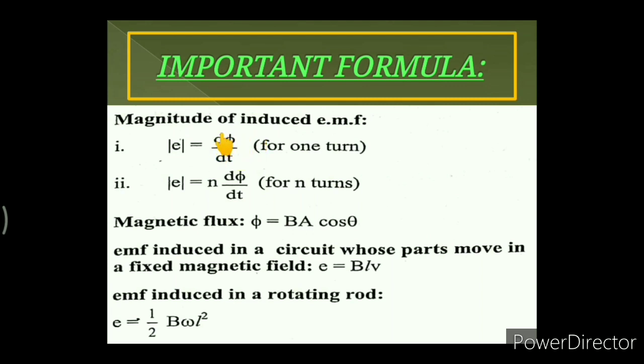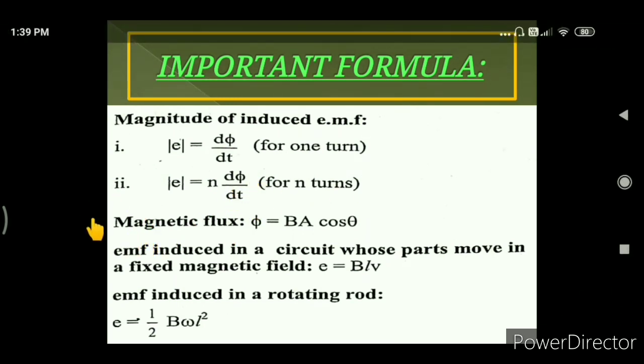So it is given as d phi by dt, and this is valid for one turn of the wire. When there are n turns in a coil, the magnitude of induced EMF is given as n into d phi by dt.